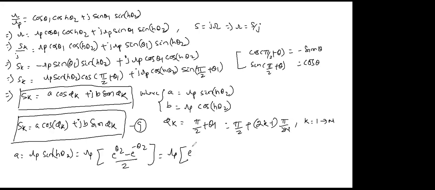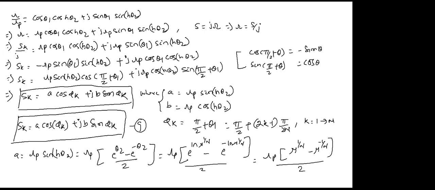So it is e to the power ln mu to the power 1 by n minus e to the power minus ln mu to the power 1 by n, by 2. Then the e and ln will cancel. It is mu to the power 1 by n minus mu to the power minus 1 by n, by 2. So this is your a: a is omega p times (mu to the power 1 by n minus mu to the power minus 1 by n) by 2.